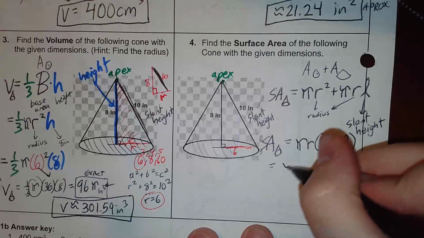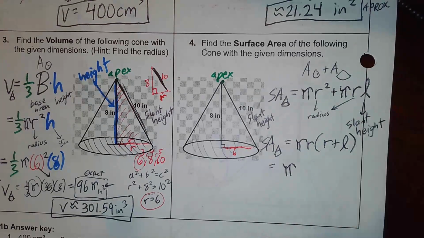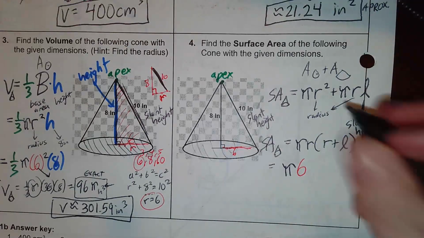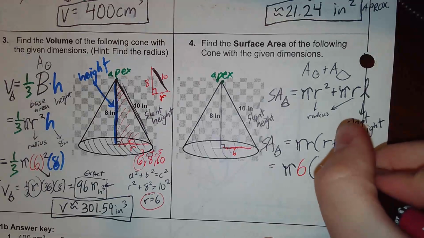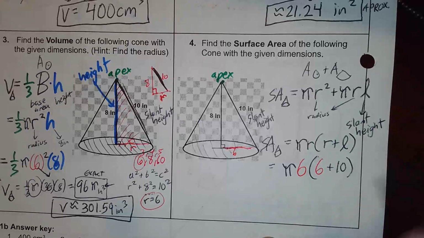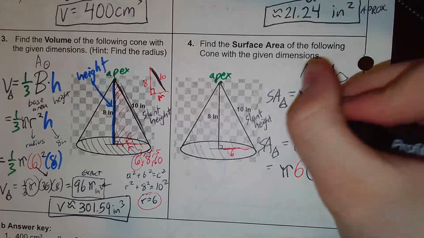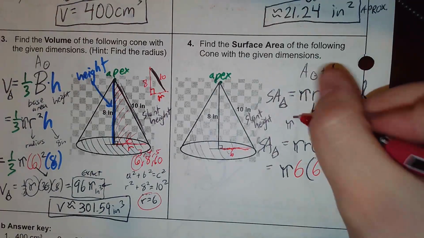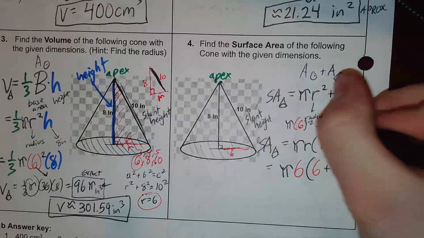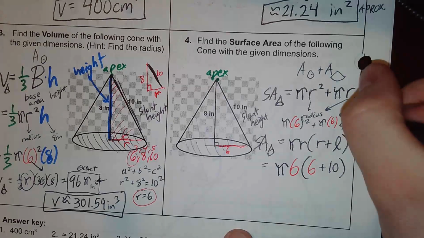If you multiply pi times the radius, which is 6. The radius again is 6. The slant height is 10. If you do this, or if you do this one, either way, pi times 6 squared plus pi times 6 times L, which is the slant height, which is 10.